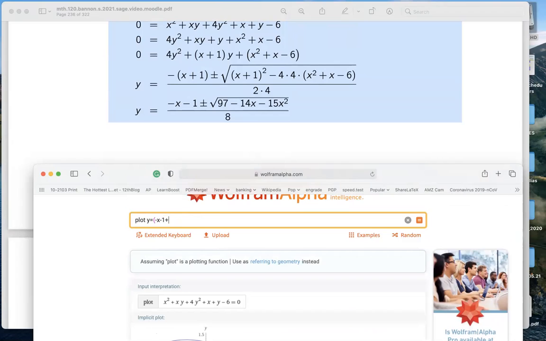I'm going to do one at a time. Plus the square root. I'm just typing what I'm seeing. And it's going to be 97 minus 14x minus 15x squared. That's the top. Divide by 8.